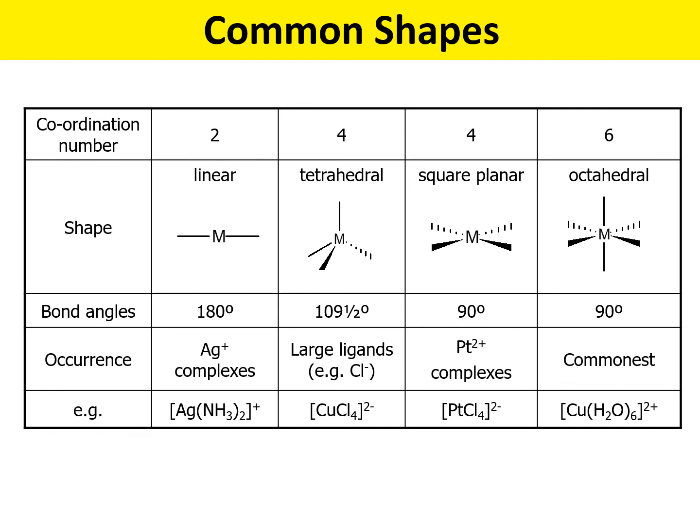Let's now look at some of the common shapes of transition metal complexes. The table on the slide shows the most common shapes, which tend to be either tetrahedral or octahedral. And you can see our hexa-aqua-copper complex that we met earlier is an octahedral shape, whereas our tetrachlorocuprate is tetrahedral.